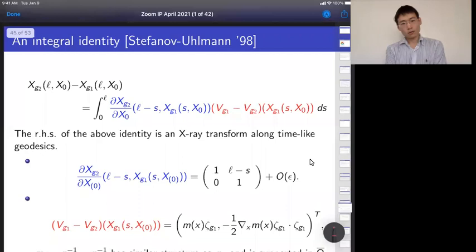The main ingredient is an integral identity from the early work by Stepanov and Uhlmann. The proof of this integral identity is quite simple, but it's very useful, and it has been applied to many different questions recently.